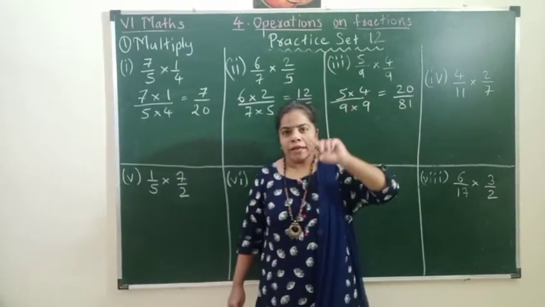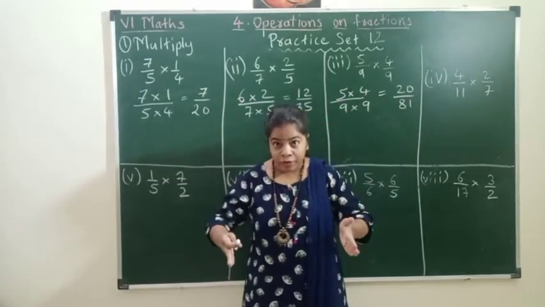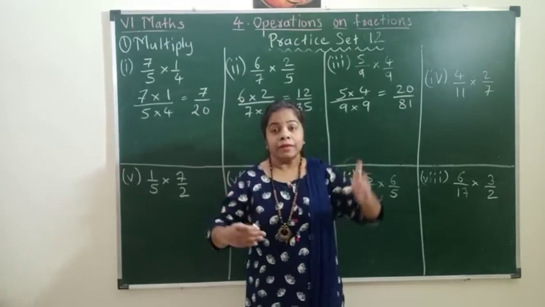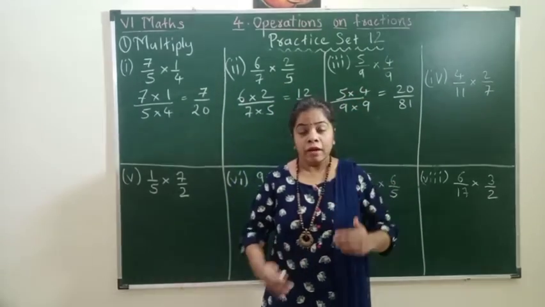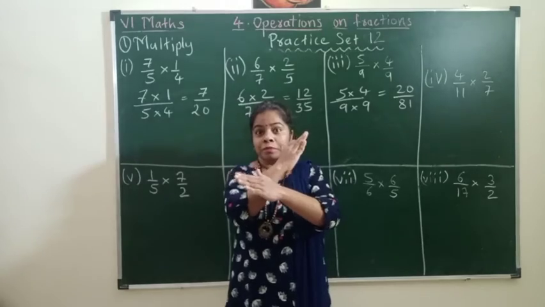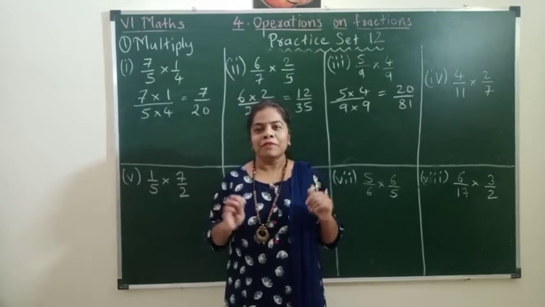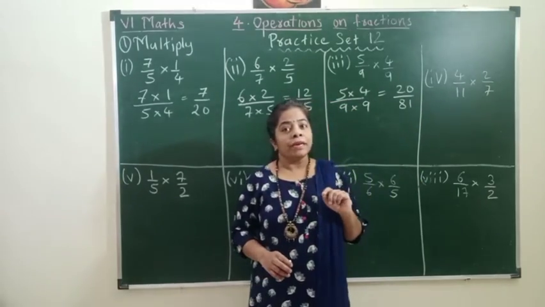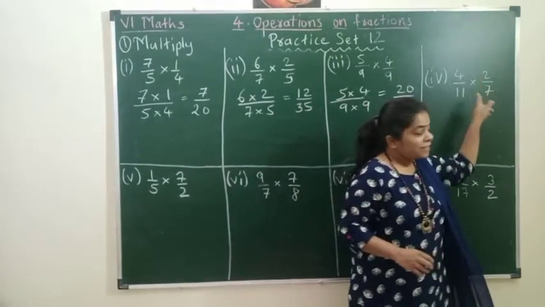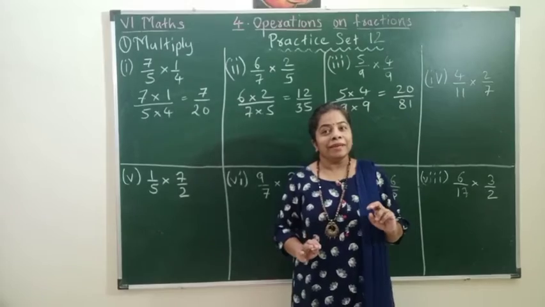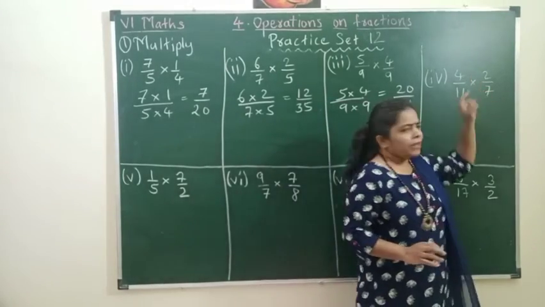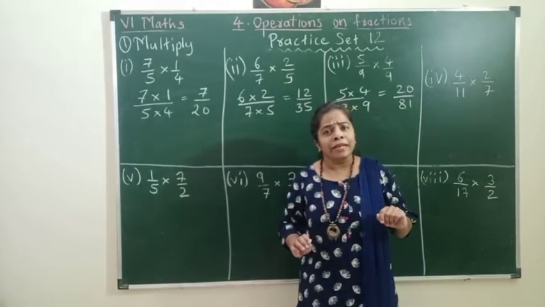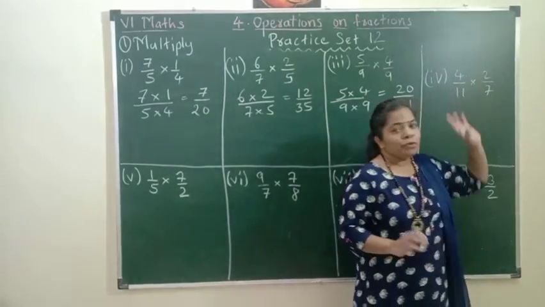Let's see one numerator, one denominator. Straight ways, numerator, denominator. And crossways also. In all the different ways we will see. 4 and 11 do not come in common table. 2 and 7 do not. 4 and 7 also don't. 11 and 2 also don't.